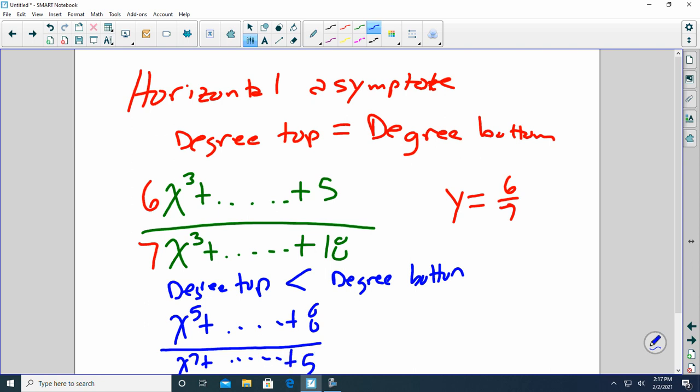If this takes place, if degree on top is less than degree on bottom, then y equals 0. So the x-axis becomes your asymptote. So those are basically all of your asymptotes taken into account.